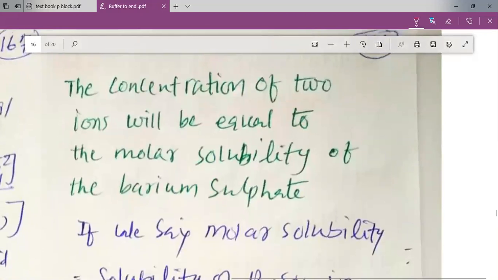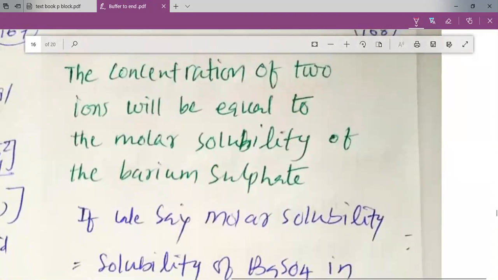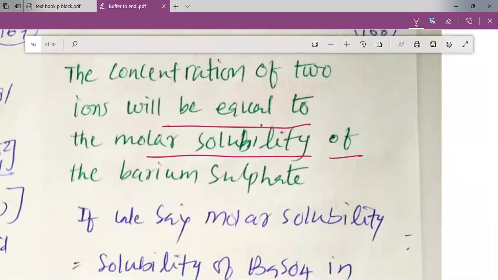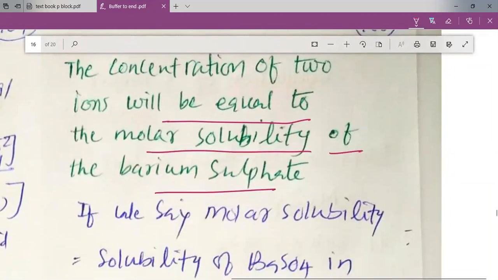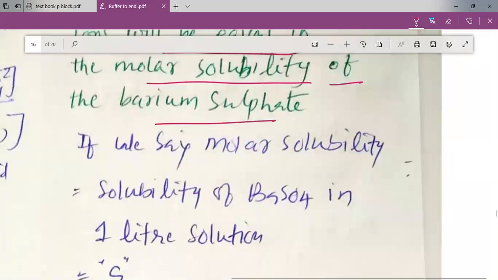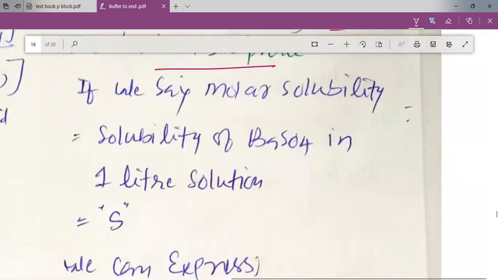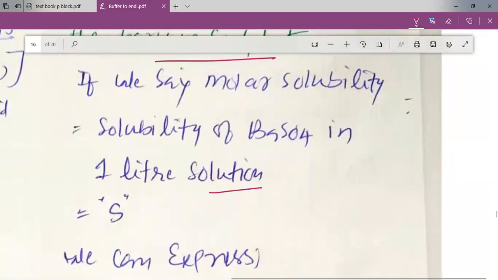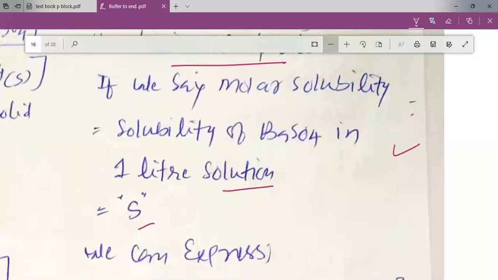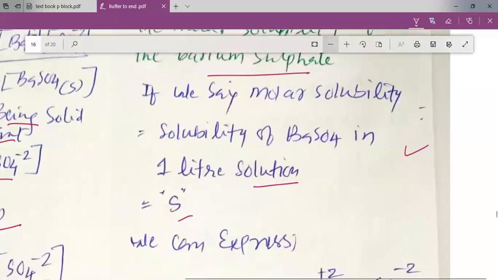Now we have a question. The concentration of the two ions will be equal to the molar solubility of barium sulfate. Molar solubility is the solubility of BaSO4 in 1 liter of solution. So, my dear students, here we have the definition of molar solubility.